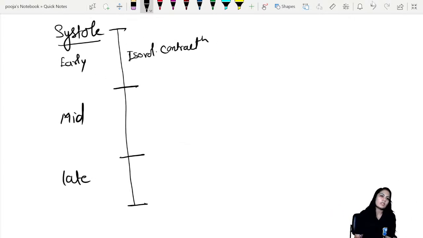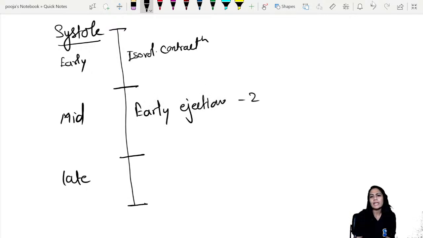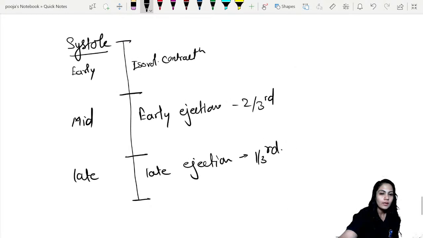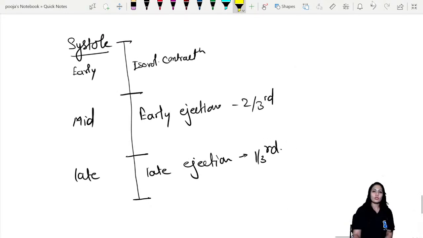The mid systole is nothing but the early ejection phase, rapid ejection, or active ejection, where 2/3 of the blood will eject out, right? And what is the late systole? It is nothing but your slow or late ejection, and that is 1/3. That only amount is the 1/3. First of all, 2/3 early ejection and 1/3 late ejection, right? So this is about the systole.